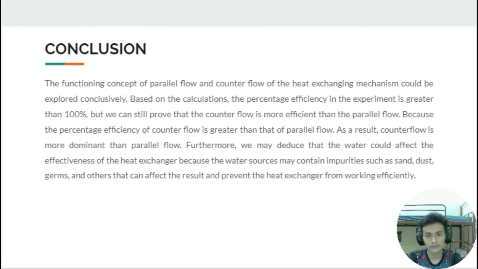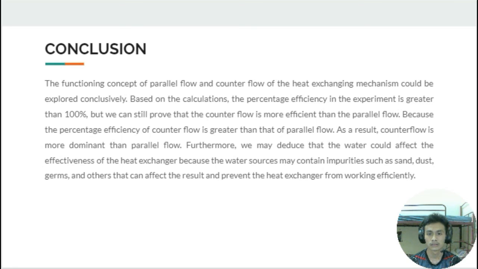Okay, for our conclusion, the functioning concept of parallel flow and counter flow heat exchanging mechanisms could be explored conclusively. Based on the calculation, the percentage efficiency in the experiment is greater than 100%, but we can still prove that the counter flow is more efficient than the parallel flow because the percentage efficiency of counter flow is greater than the parallel flow.